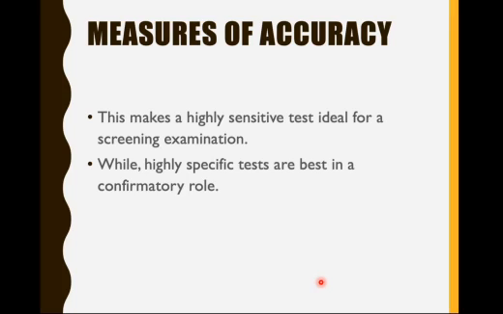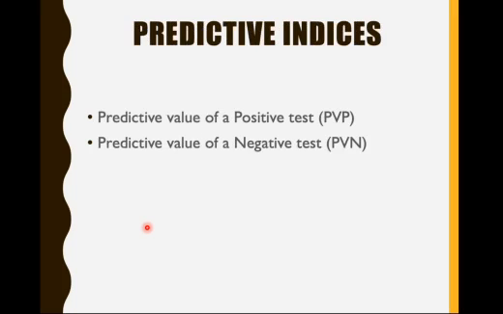Okay. When we talk of a highly sensitive test for screening and a highly specific test for confirmatory role, we're actually talking of predictive indices. You might get confused. Why is it that we are talking of ruling out and yet we are talking of sensitivity, and ruling in and then we are talking of specificity?